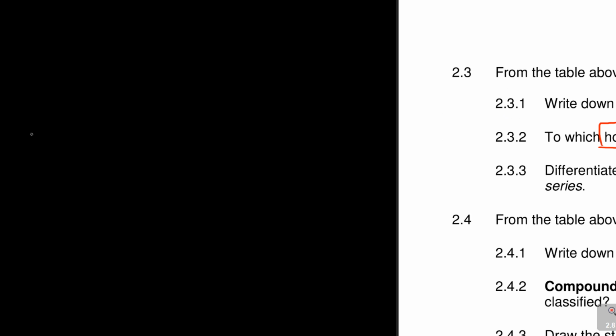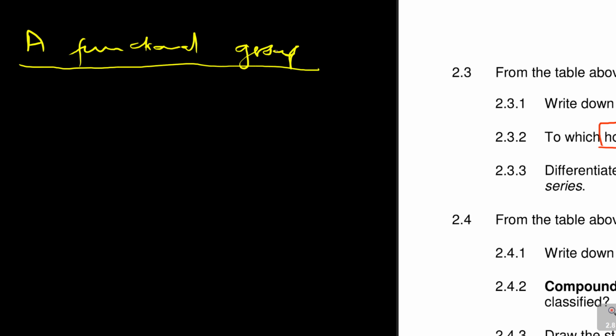If you are defining a functional group, what do you think, guys? How will you define? Just check your book. Very important for you to go through that exam knowing. But a functional group, we can define it as what? As an atom. It can be an atom or group of atoms.